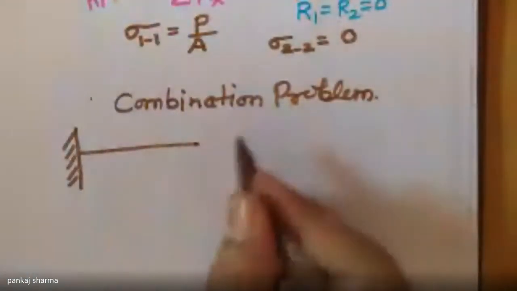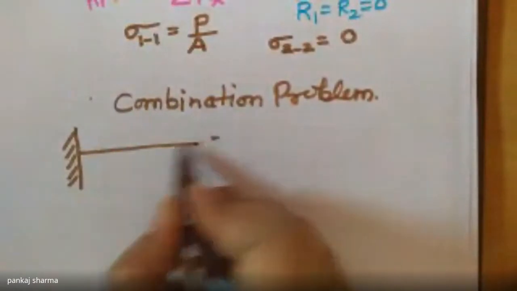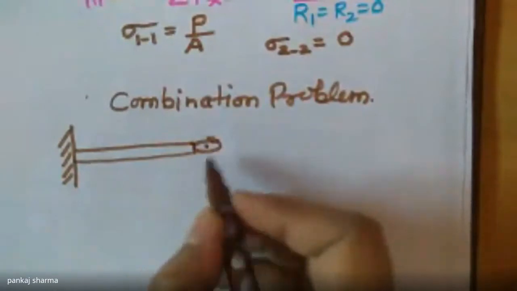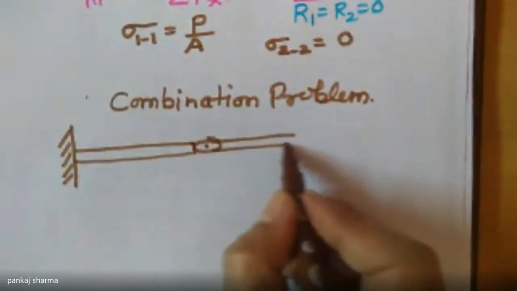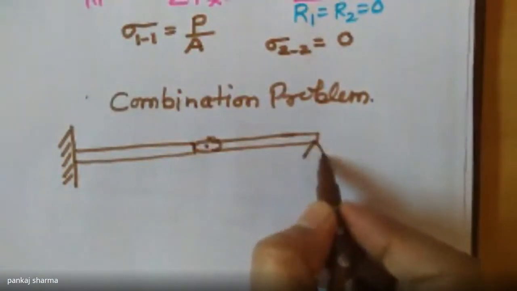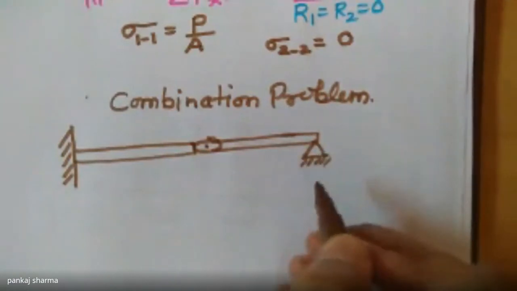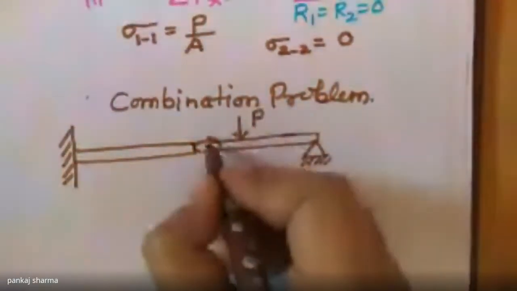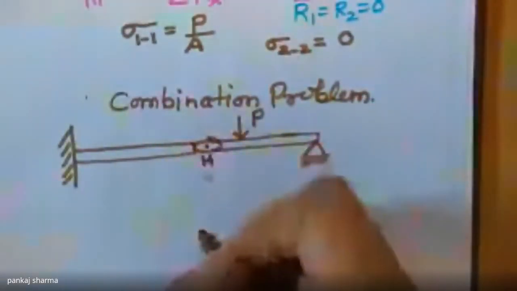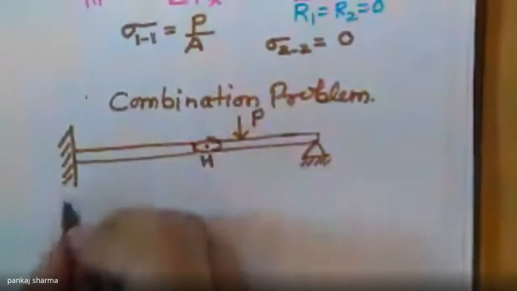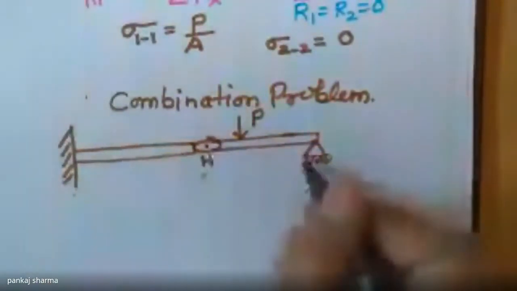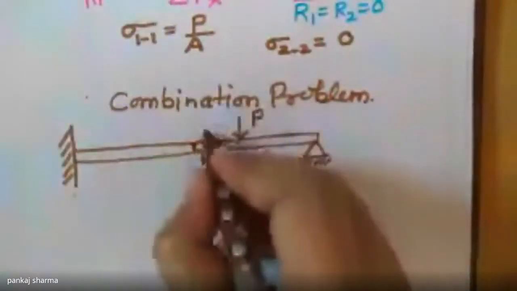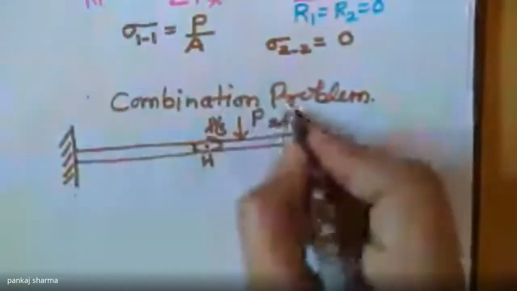It is a beam with a pin support, the load is here, and there is a hinge or pin. It is fixed, so it is a clamp joint, hinge joint, and pin joint. These are the combination. Suppose the distances are L by 3 and 2L by 3.